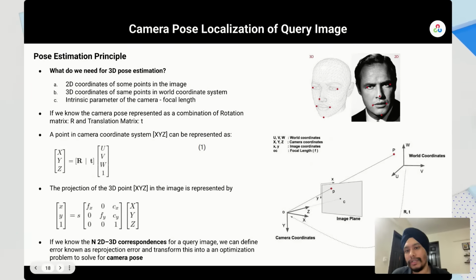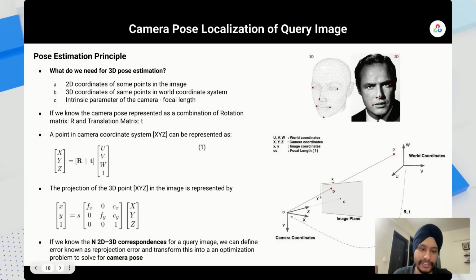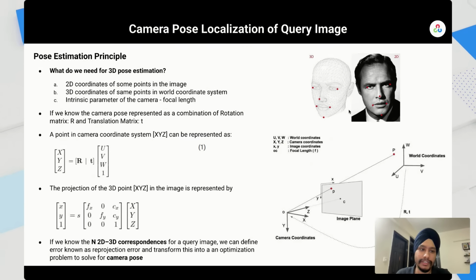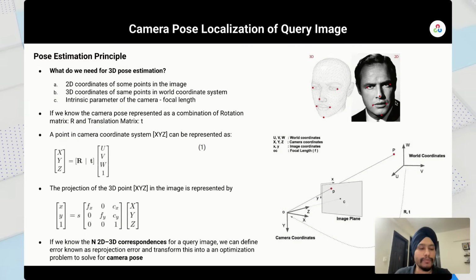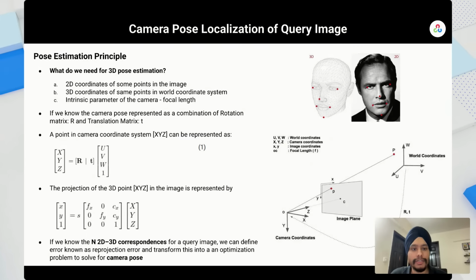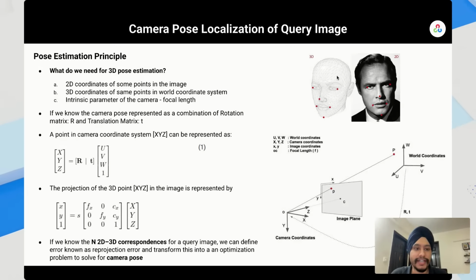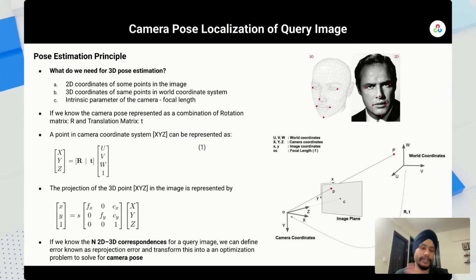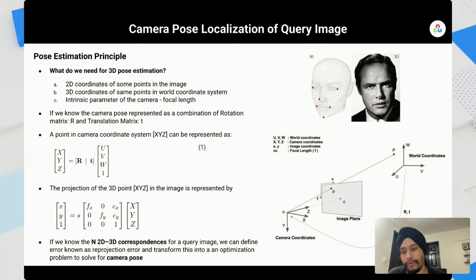From the query image, if I detect 4 points, we need to know where these 4 points are in 3D as well. On the right side, you can see an example: on this face, we have some facial key points. We want to know where these key points exactly are in the 3D domain of a face. Similarly, if we come to the room, that's the principal input that we need.